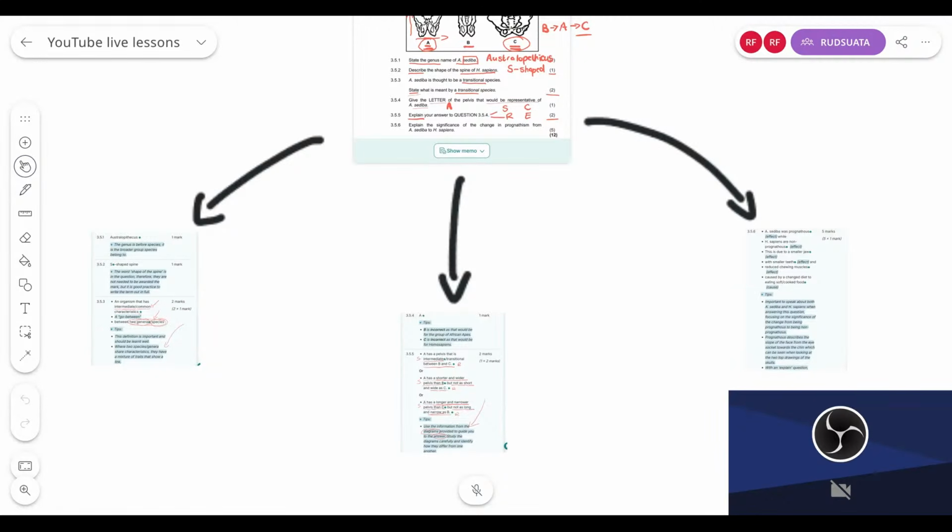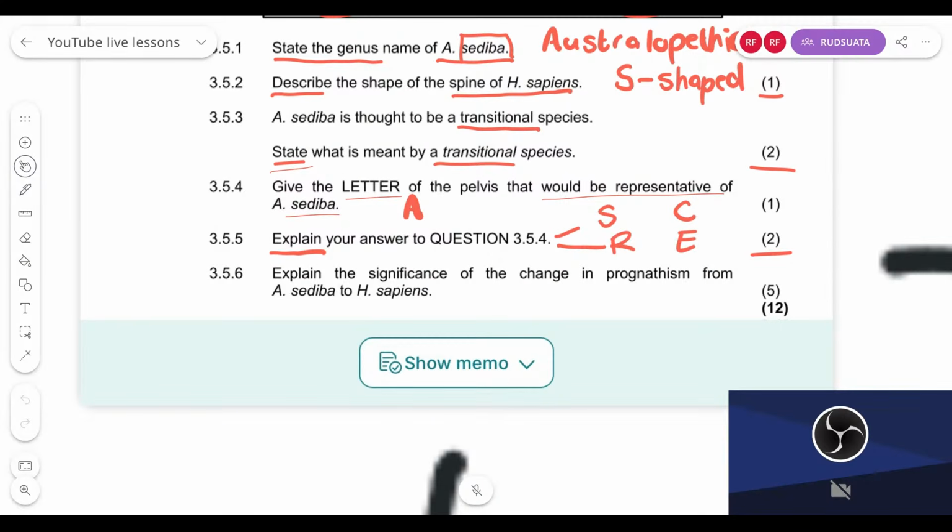And last but not least, I chose this particular question because of this very last question, which I think even my most accomplished matrics would struggle to answer. And that is, explain the significance in the change in prognathism from A. sediba to H. sapien for 5 marks.